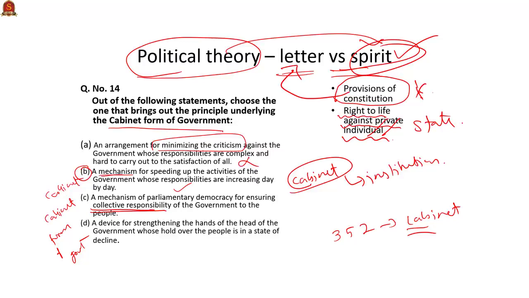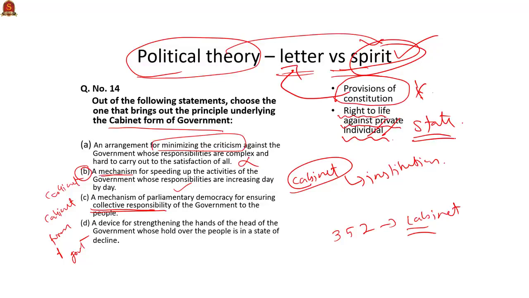But for practical purposes, the constitution has said right to life and liberty, right to life is against the state only, not against a private individual. If a private individual is murdering another person, he will be subjected to legal right violation only. A case will be filed in an ordinary court and they will continue with the prosecution. But when the state kills an individual, it will be seen as a violation of fundamental right, and the matter will be taken up by the Supreme Court directly or the High Court directly.